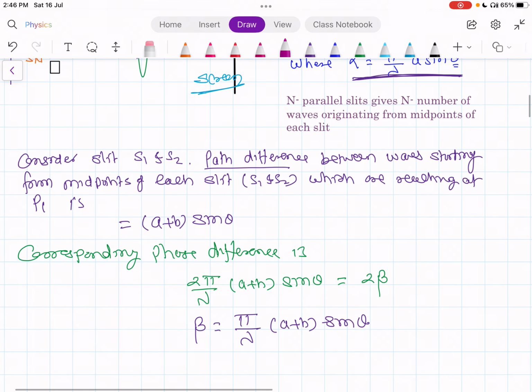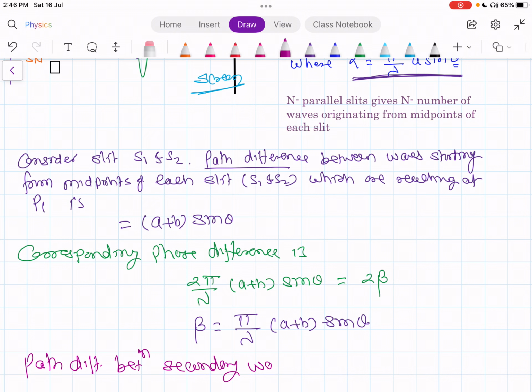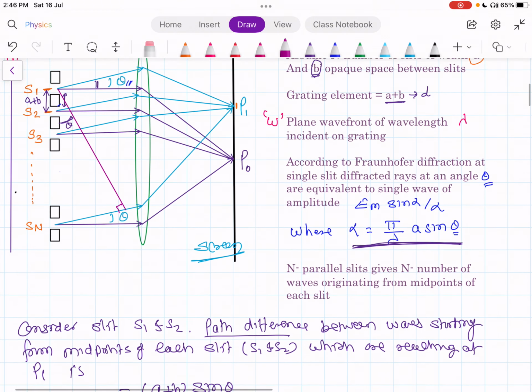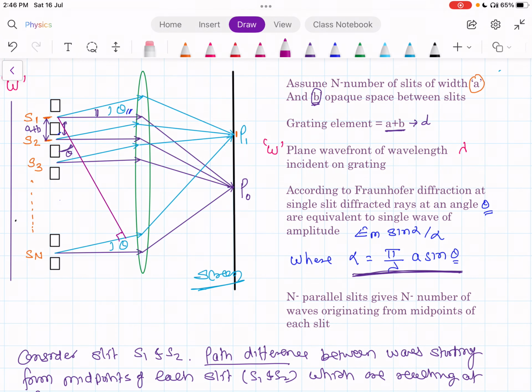Then let us find the path difference between secondary waves starting from slits S1 and Sn, which are reaching at point P1. So now we are considering slit S1 and slit Sn, and the path difference between them is this length.